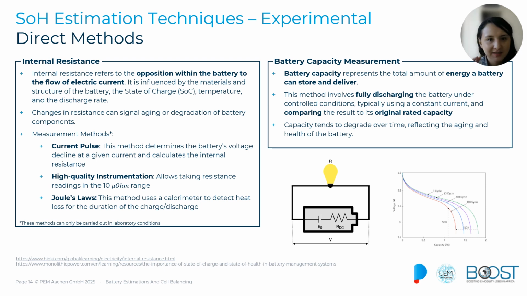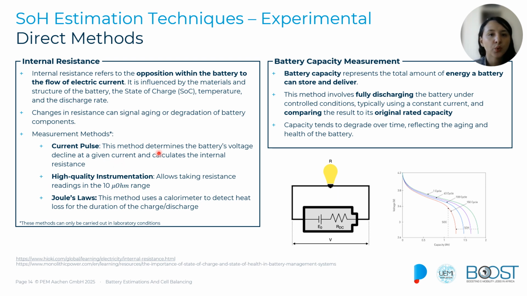I think I already explained this a little bit, so I will go a little faster here. Basically, in the direct methods, as I mentioned, we can estimate based on the internal resistance, which is the opposition that the battery has to the flow of current. As the battery undergoes repeated charge and discharge cycles, the chemical and physical changes inside the cells cause the internal resistance to rise. One method to calculate this internal resistance is to use short current pulses.